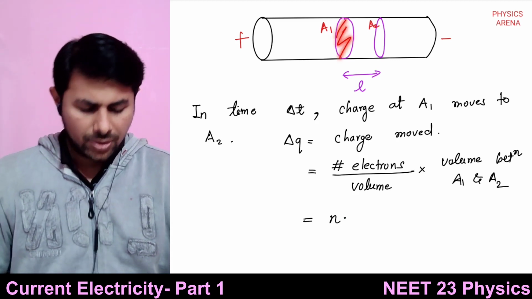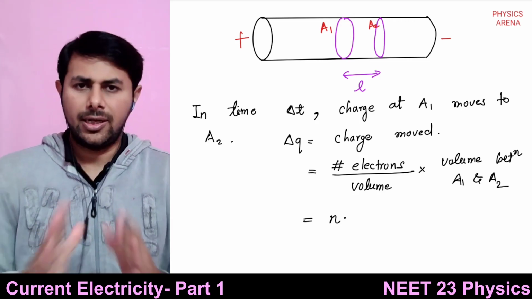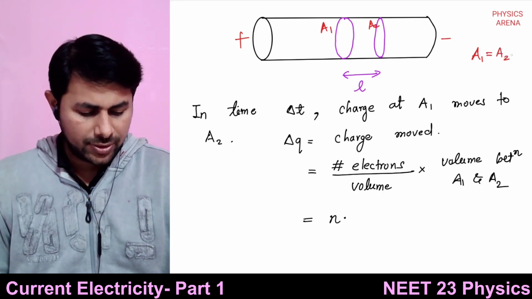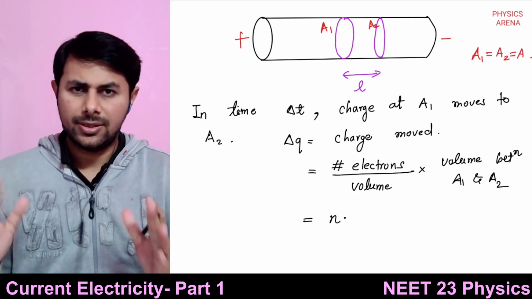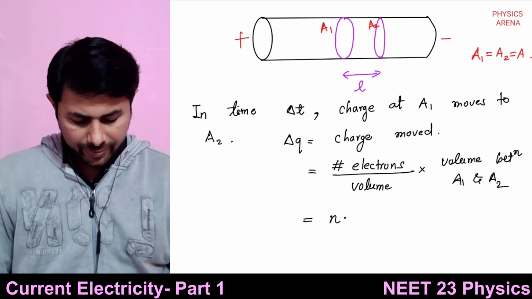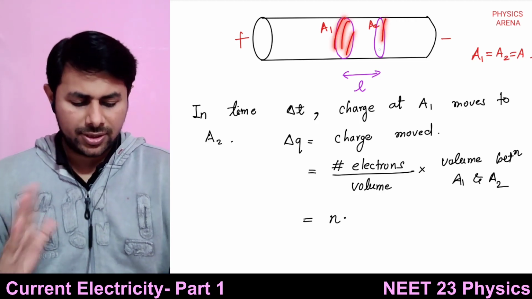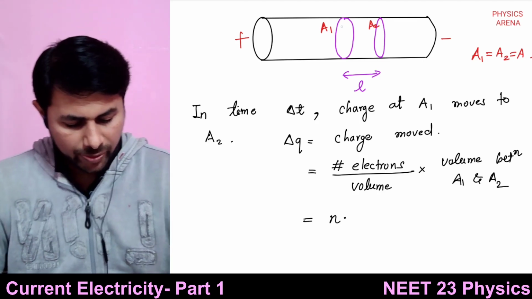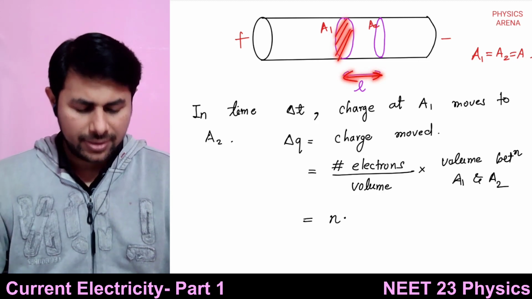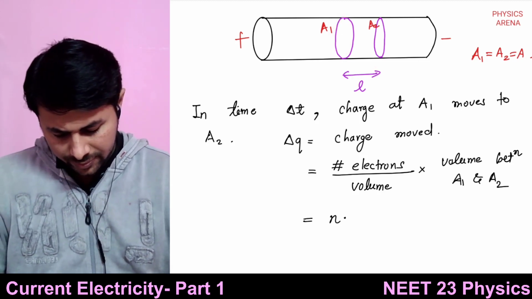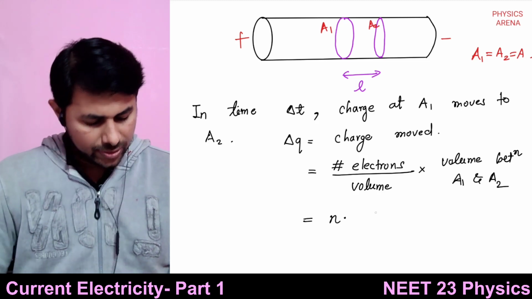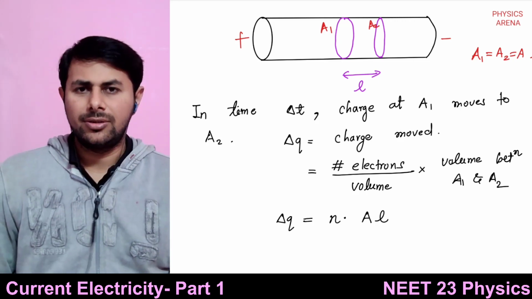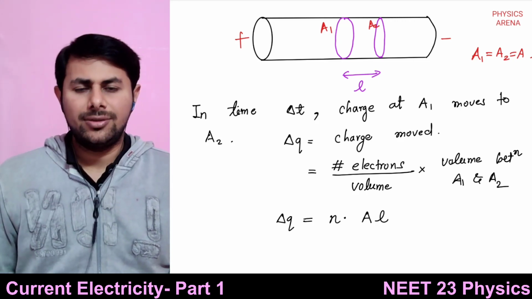Now let's suppose area A1 and A2 are equal to A. The area of cross section is the same, but we are just naming those regions A1 and A2. So how much would be the volume? This area multiplied by this length. So it is n times area multiplied by length. This is charge moved.